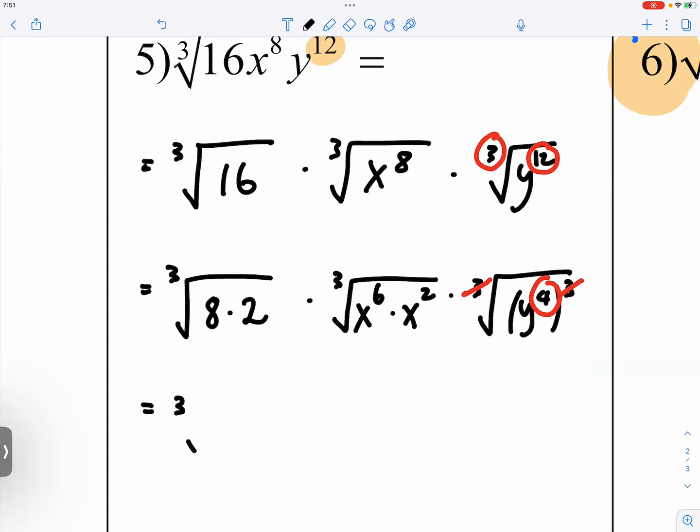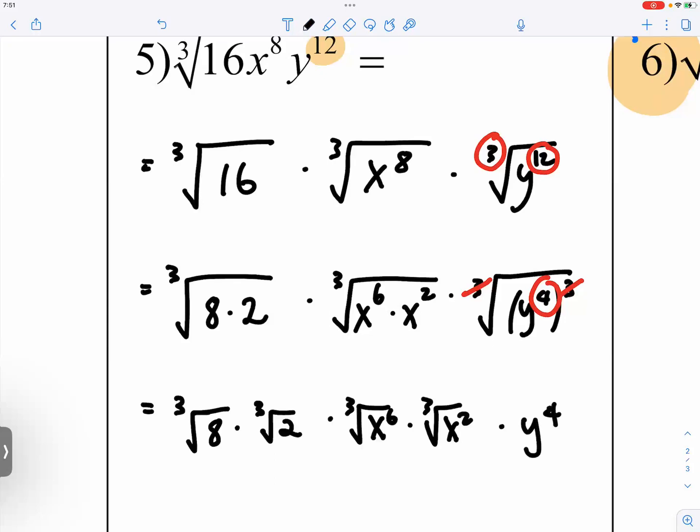So therefore, I'm going to do it really slowly so that you can see what's happening. But this step could be skipped if you understand what's happening.